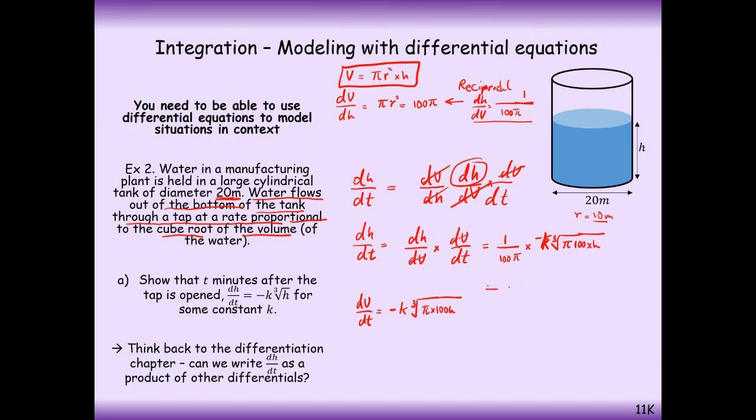Now you can rewrite that as negative k, and the constant here, the cube root of pi 100 over 100 pi, and we'll have the cube root of h here.